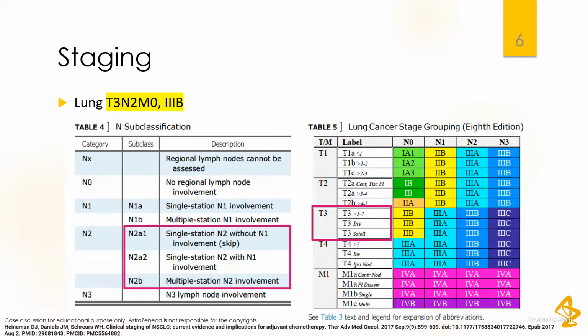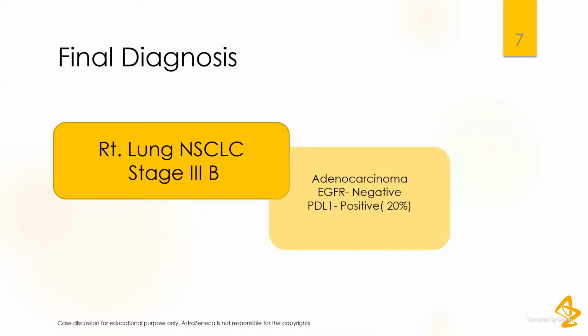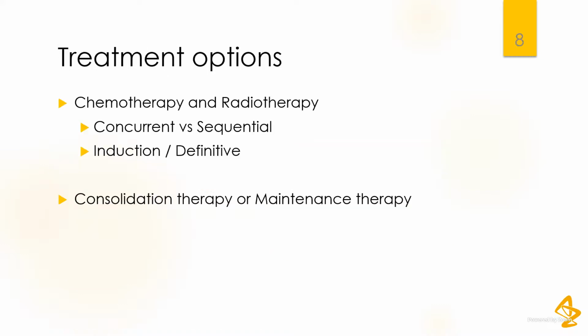So based upon the clinico-radiological staging, it was found to be stage 3B. Next slide. Now, with the final diagnosis of adenocarcinoma, EGFR negative, we assume that there were no other driver mutations. Stage 3B non-small cell lung cancer. Next slide.